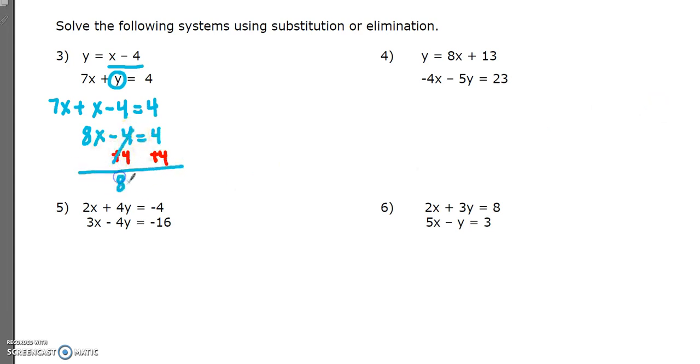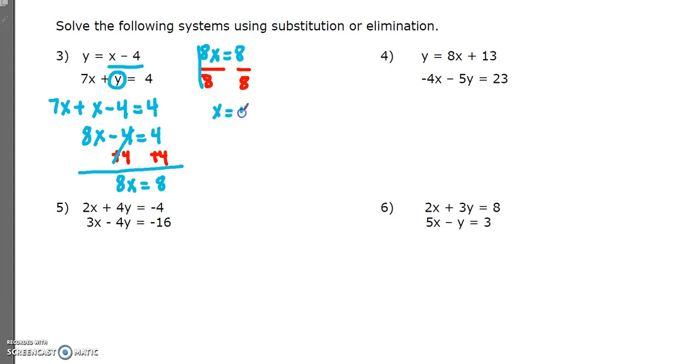That will leave me 8x on the left, and on the right I will have 8. I'm going to go ahead and move that up here since I ran out of space. And then the last step to solving for the x, I will divide both sides of my equation by 8.